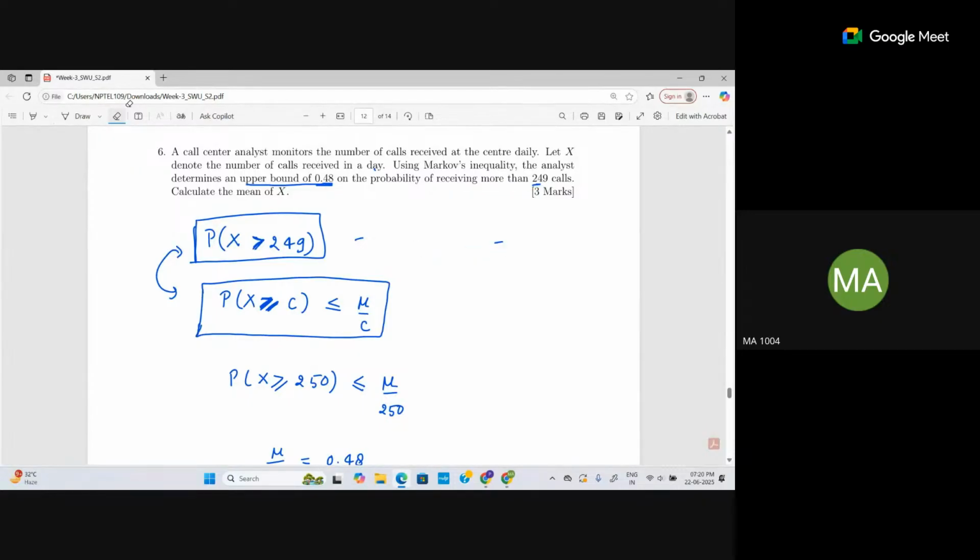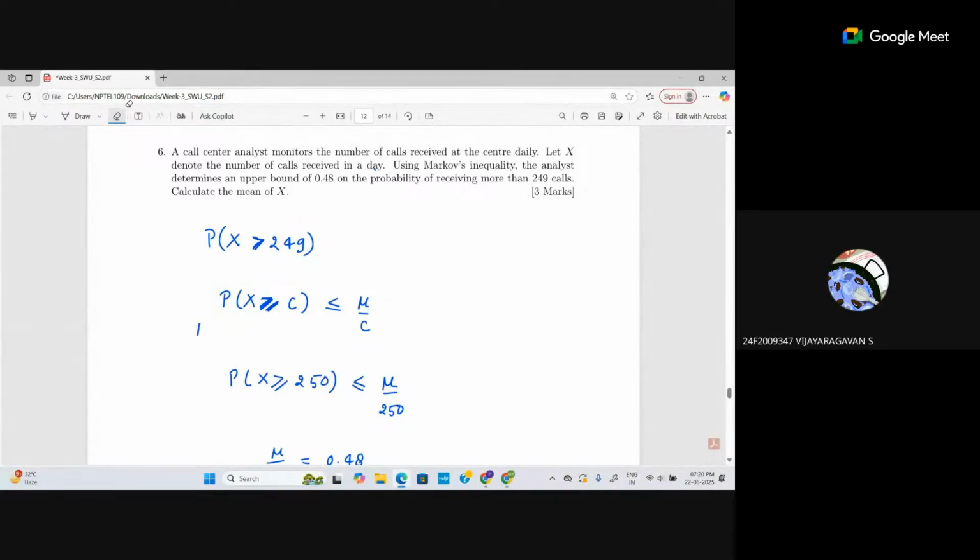Anyone else has any doubt? Yes, ma'am. In case I modify this question, like the probability of receiving between, say, 249 and 260, something like that, within the range between.